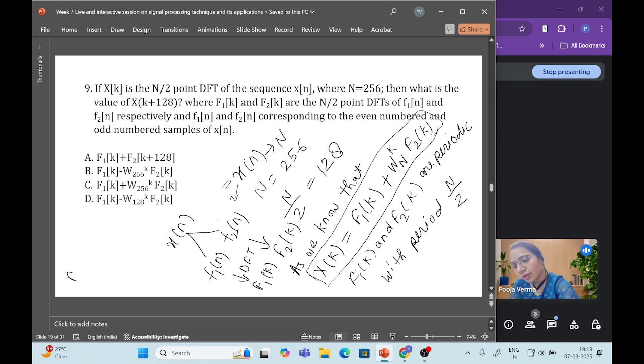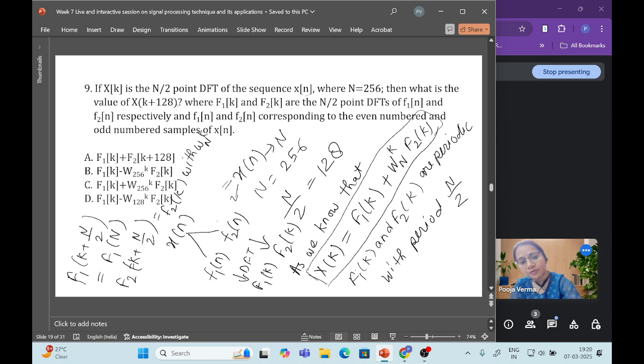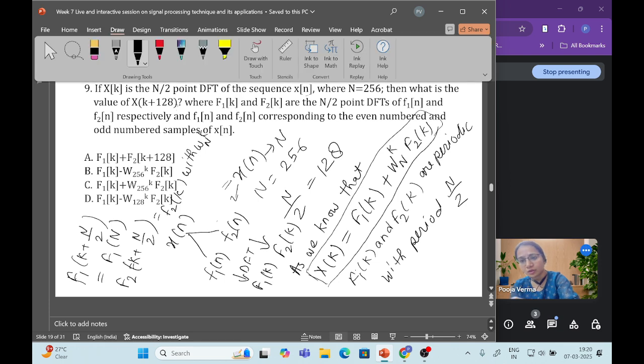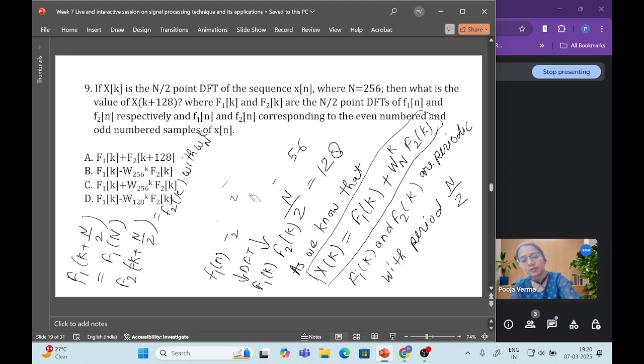So F1(k plus N by 2), by the periodicity property, it will be F1(k), right? And similarly for F2(k plus N by 2), it is not simply periodic, it will be periodic with the phase factor W_N^k. Now further we will solve it. Just a minute, I have to remove it from here.